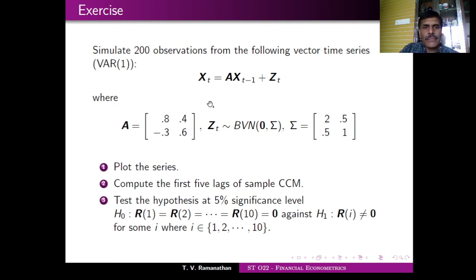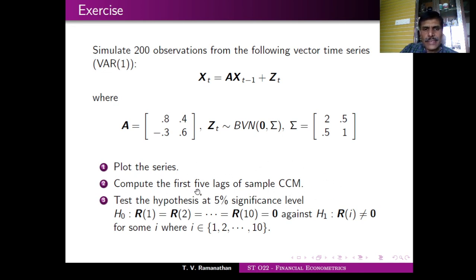Now you need to plot the series; you can plot them separately. Compute the first 5 lags of the sample CCM, so you get the sample correlation matrix. Use R to get this.